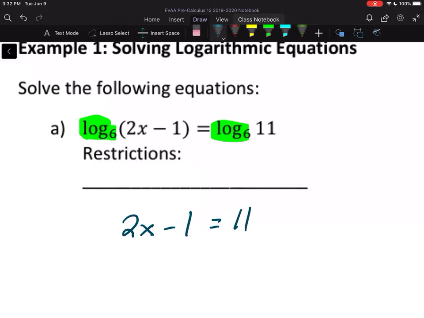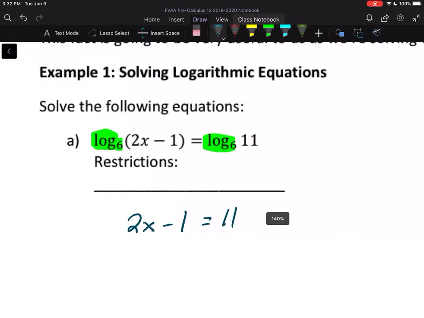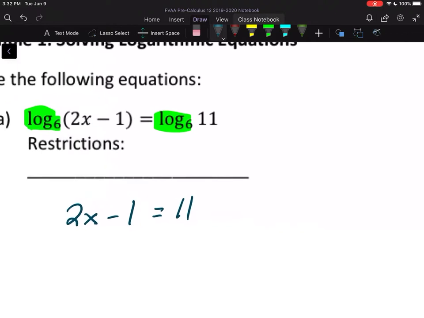However, before I finish this, I need to think about the restrictions. Remember, if I were to change this to an exponent, it would look like this: 6 to the y, let's say, is equal to 2x minus 1.